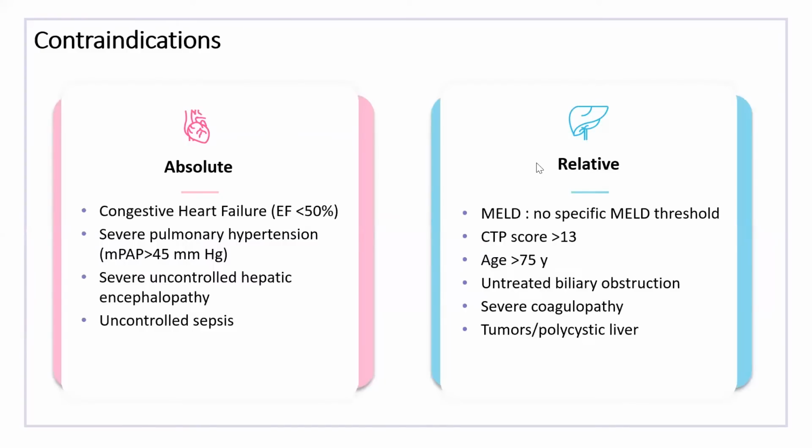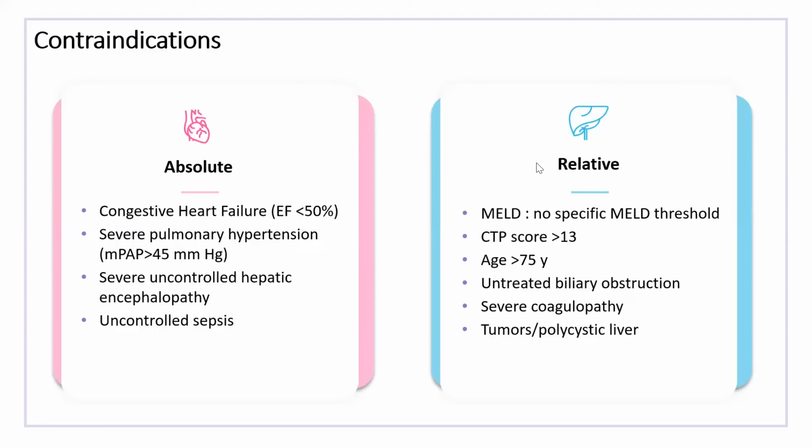Now, the contraindications of TIPS, we learned about the effects of TIPS on the heart, and the absolute contraindications really are congestive heart failure, severe pulmonary hypertension, severe uncontrolled hepatic encephalopathy, and uncontrolled sepsis. In practice, in patients who we consider TIPS in, we do get an echo, even though it is an emergent setting.